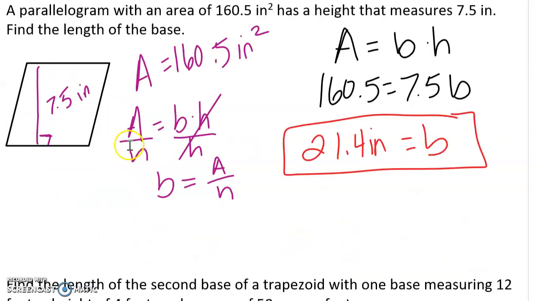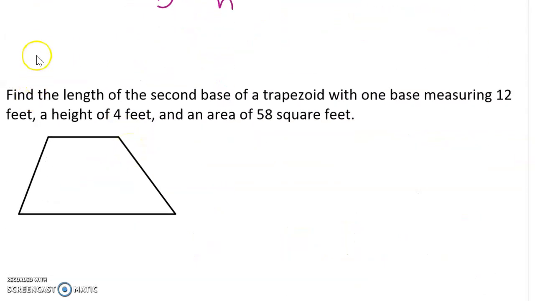Let's do one more example. In this case, we are going to find the length of the second base of a trapezoid with one base measuring 12 feet, a height of 4 feet, and an area of 58 square feet. So as you can see, I've drawn my trapezoid, and I'm going to label the values that they give me. They tell me that one base is 12.